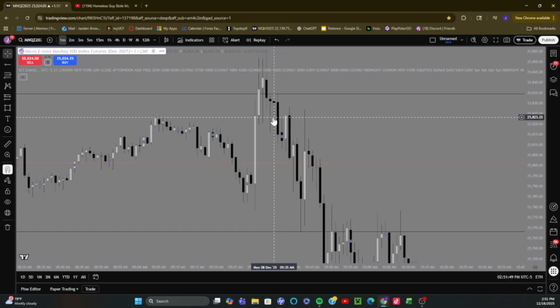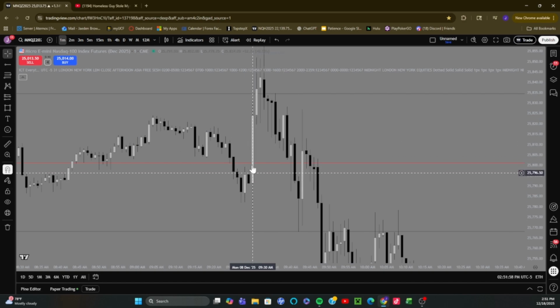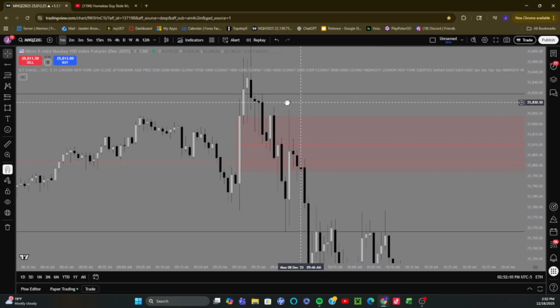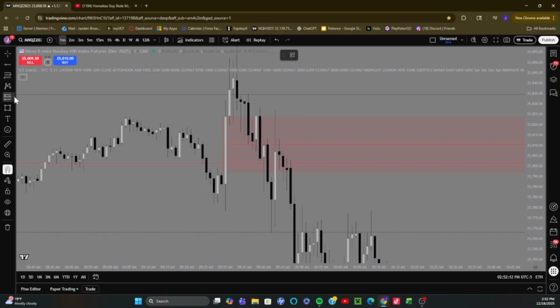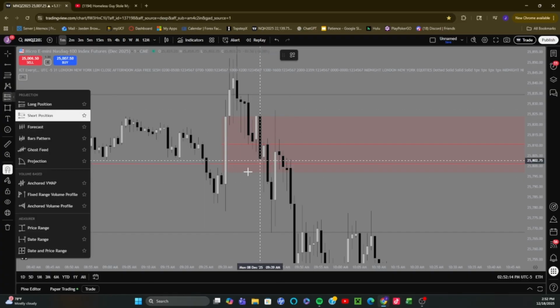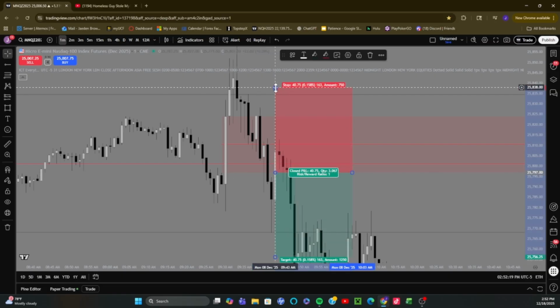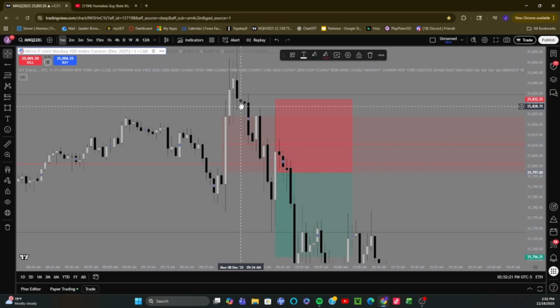Then we get a CISD at 9:42. Price then reverses back up into this massive 9:30 fair value gap right here, which would also be first presented because we took out liquidity. So short position would be here, stop loss here.